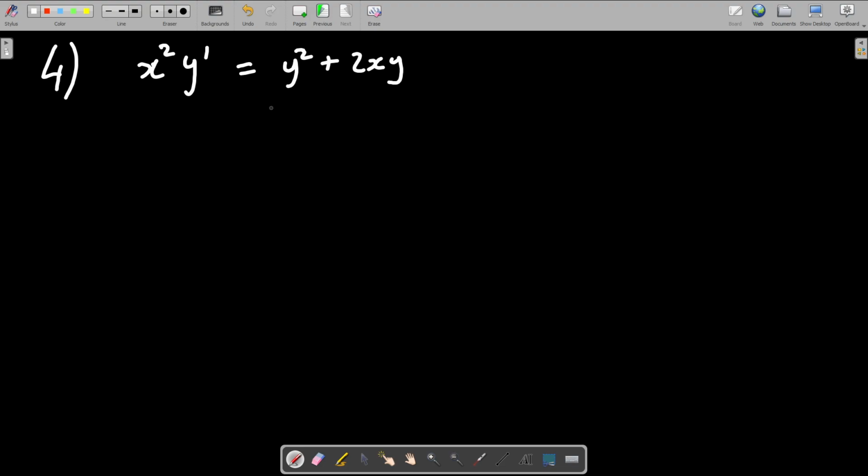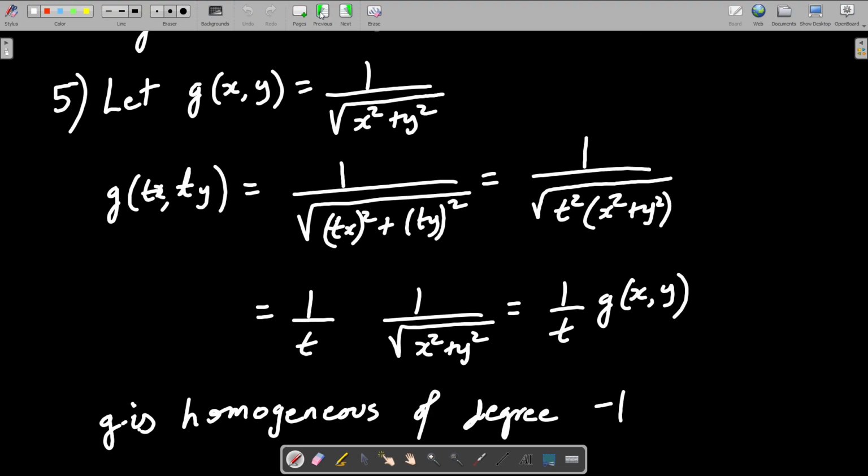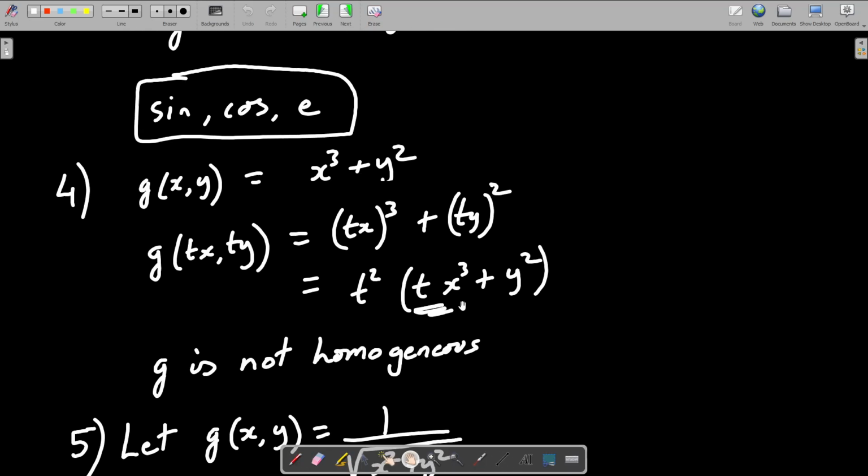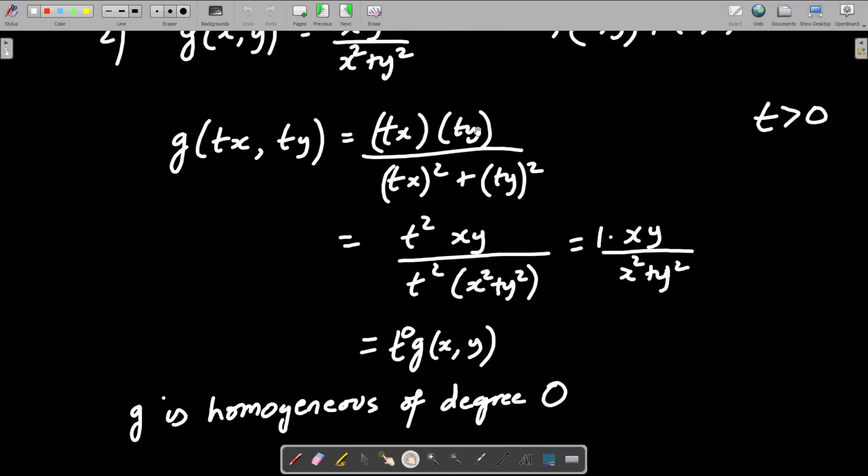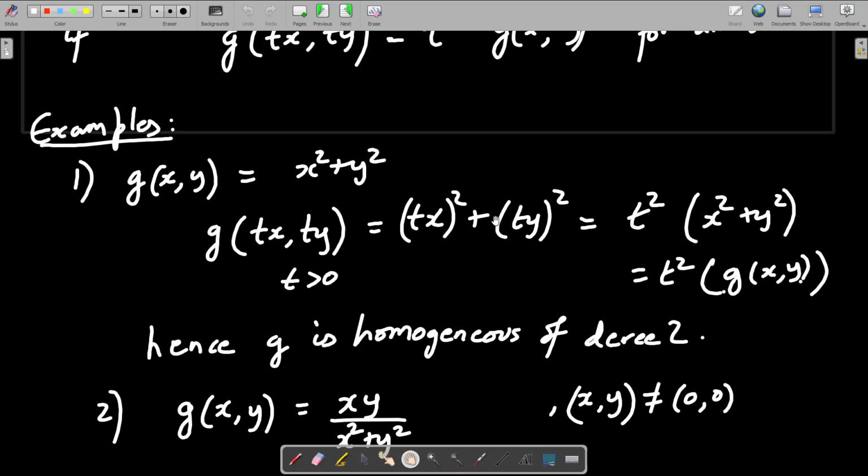What are the examples we have done? The degree of the terms was the same. This is one important observation you can make. See, this was homogeneous; the degree of the x term is 2, the y term is also 2. So basically the degrees are the same.